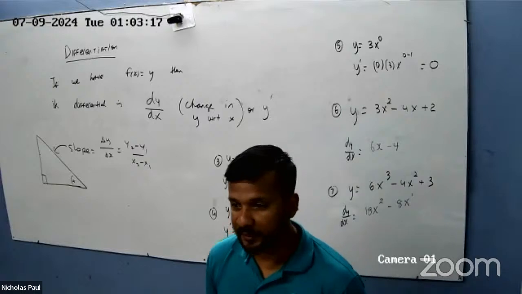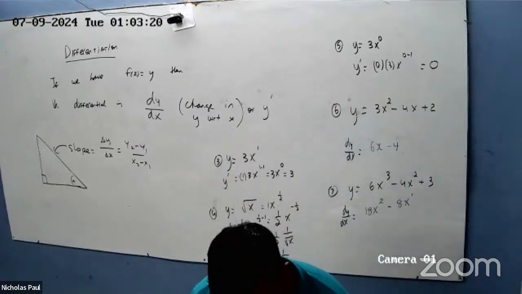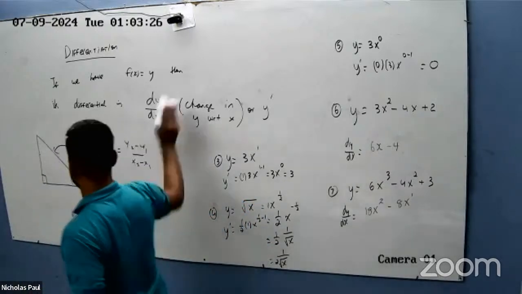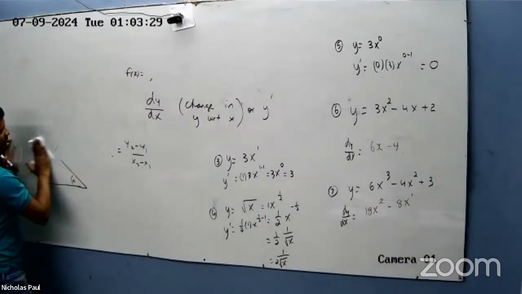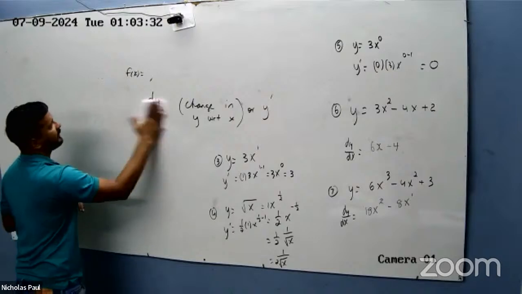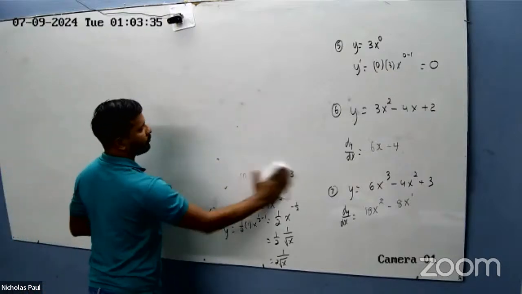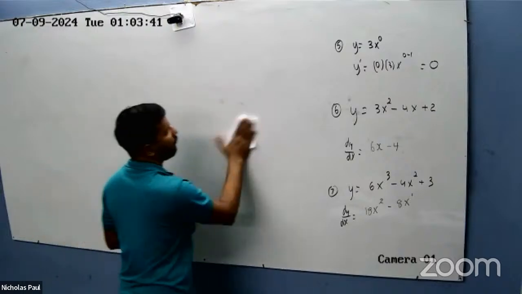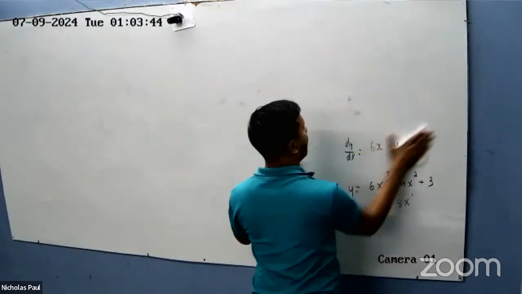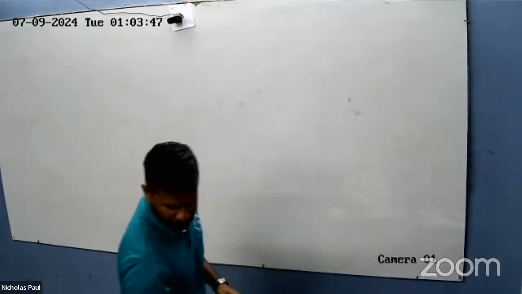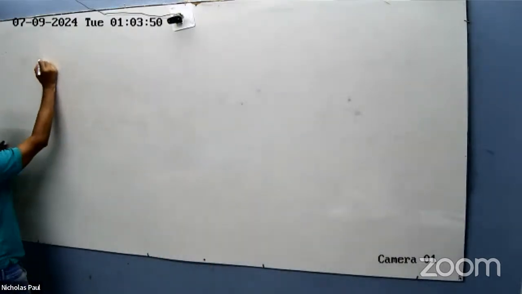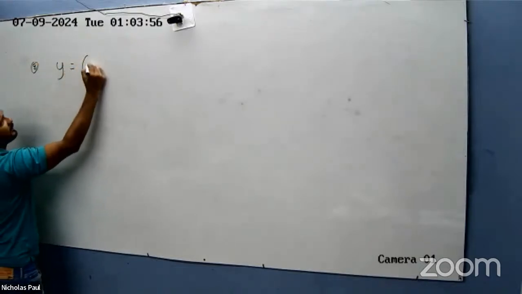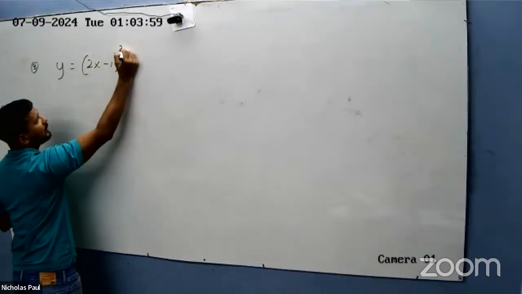I would handle something like this. Mikhail, how would you differentiate something like this? Suppose I gave you something like this: 2x minus 1 to the power 2.